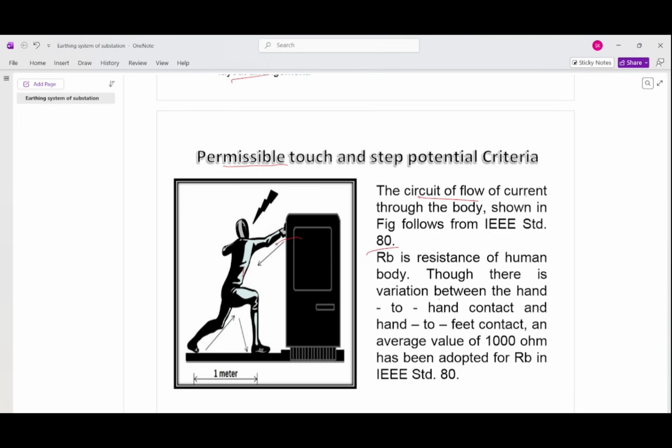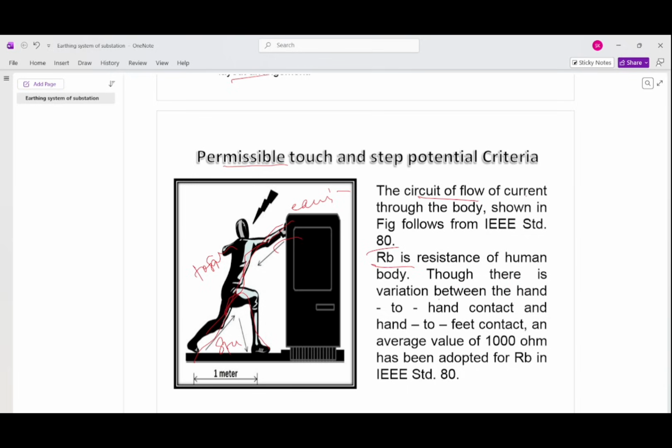If this is the equipment, fault current will flow through the body along this path. This is step and this is touch. So these two different step and touch potentials are shown here.